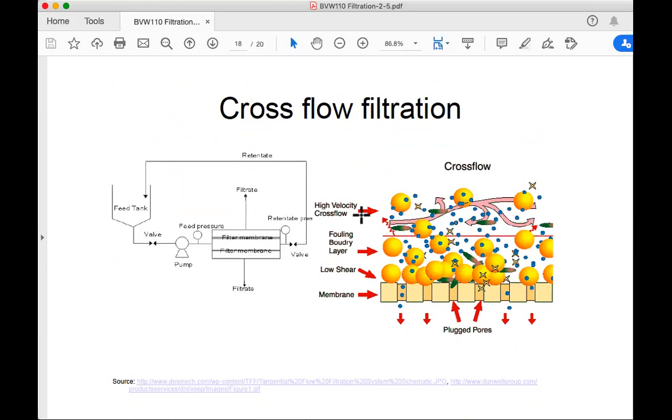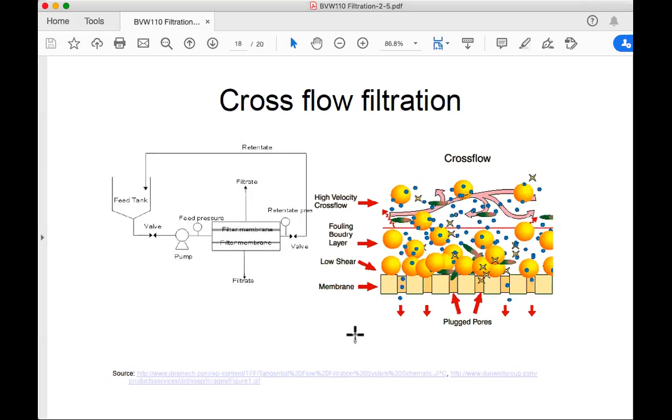It's that high velocity, high pressure flow of dirty wine that dislodges particles from our filtration pores, and the clean wine is able to move across that boundary, but the particles are not able to move across that membrane boundary.